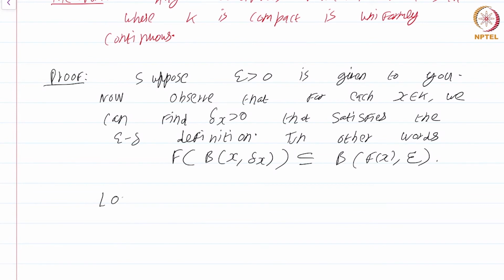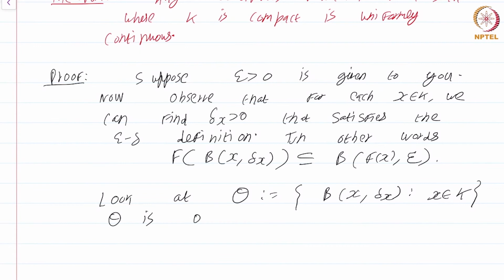Now look at the collection O, which is defined to be B(x, delta x) as x runs through K. O is obviously an open cover of K, right? So one mistake I have made, to be ultra precise, I cannot just take f of this. I have to do B(x, delta x) intersect K, right? Otherwise it doesn't make sense.